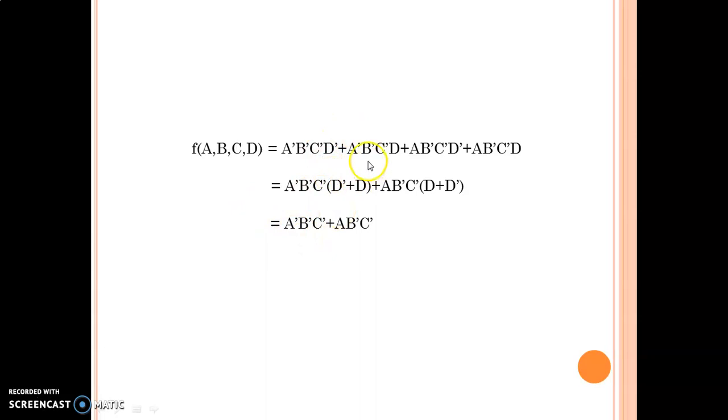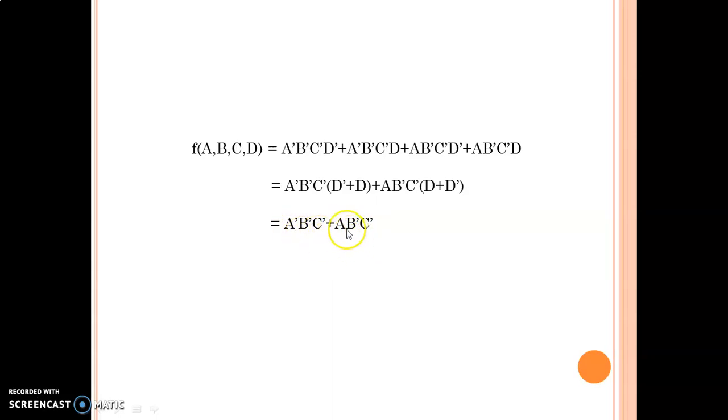So when we combine these two terms together, we get a new term which is one literal less compared to the original term. So this variable d gets eliminated. We just get a bar, b bar, c bar. The same way combining these two terms, we get a, b bar, c bar. Again we can apply the same algorithm to these two terms because they again differ only by one variable. They differ only by the first variable.